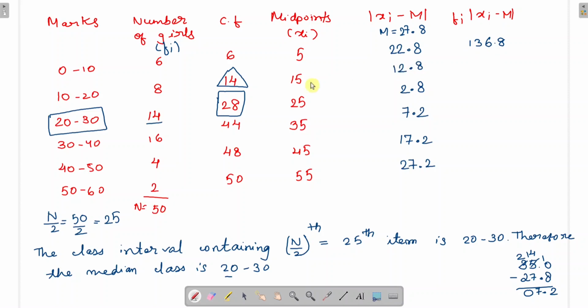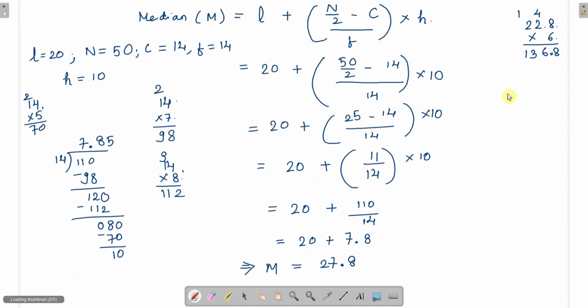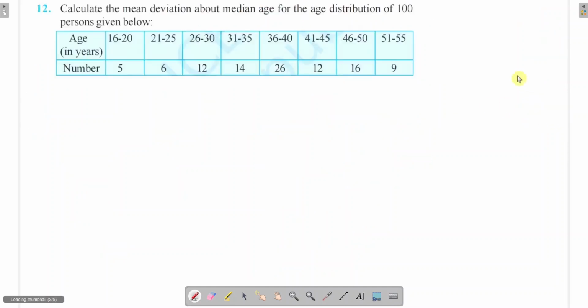Then 12.8 times 8. 8 times 8 is 64. 8 times 2 is 16 plus 6 is 22. 8 times 1 is 8 plus 2 is 10, so 102.4.